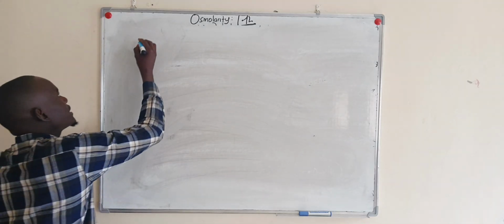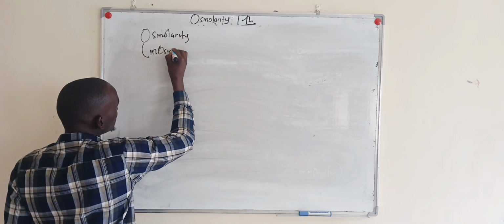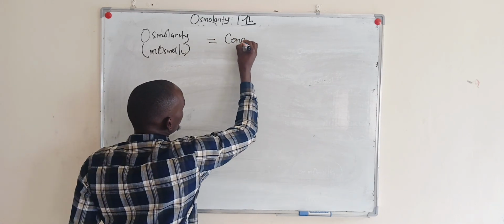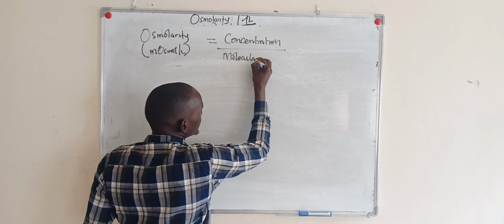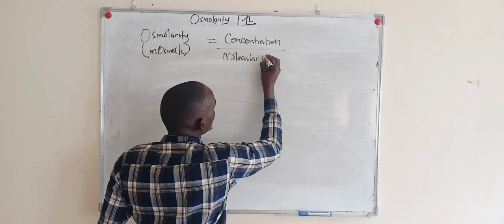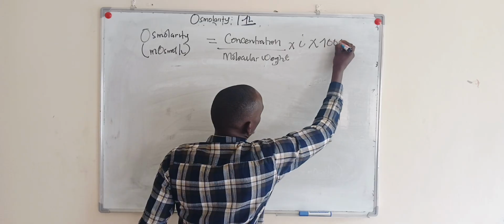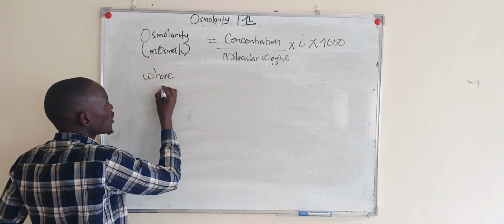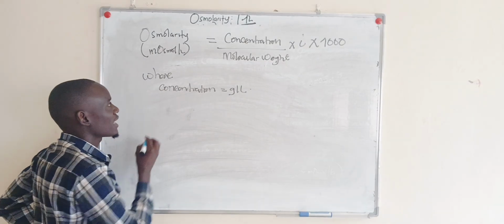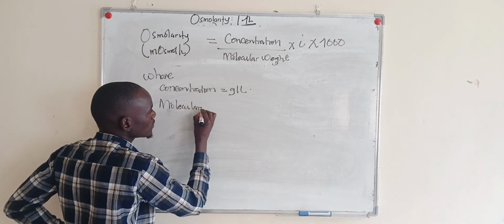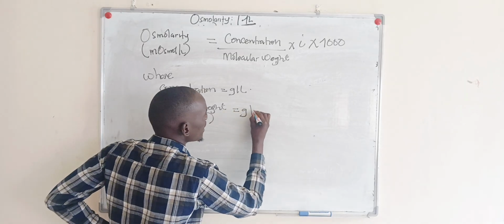Osmolarity can be calculated from the formula: osmolarity in mOsmols per liter is given by concentration divided by molecular weight, times I, times 1,000, where concentration is in grams per liter and molecular weight, sometimes for short MWT, is in grams per mole.